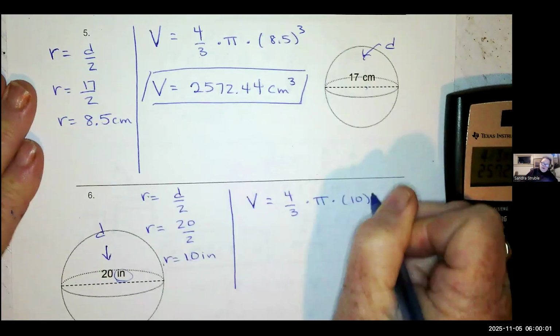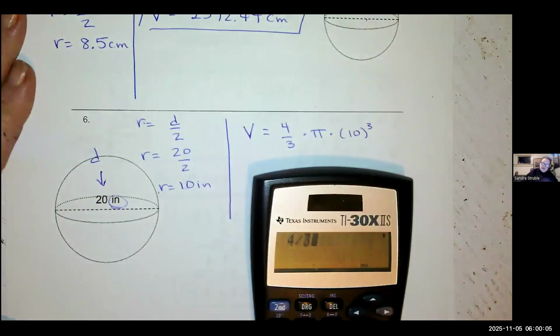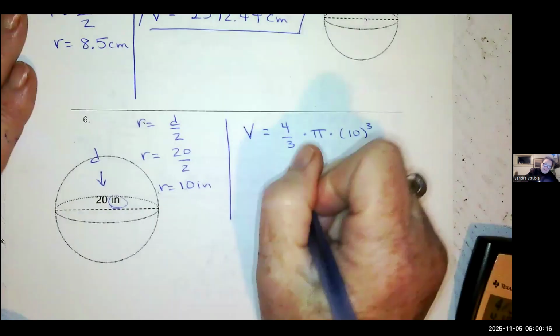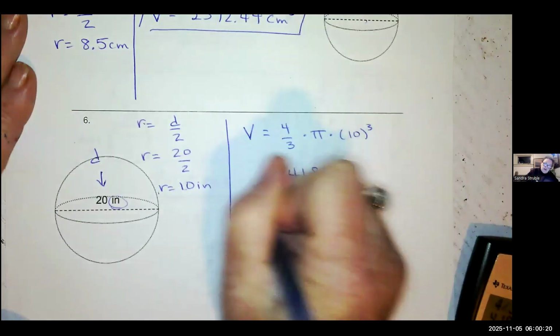So 4/3 times pi times the radius, and don't forget caret 3 equals 4,188.79. And this is inches cubed.